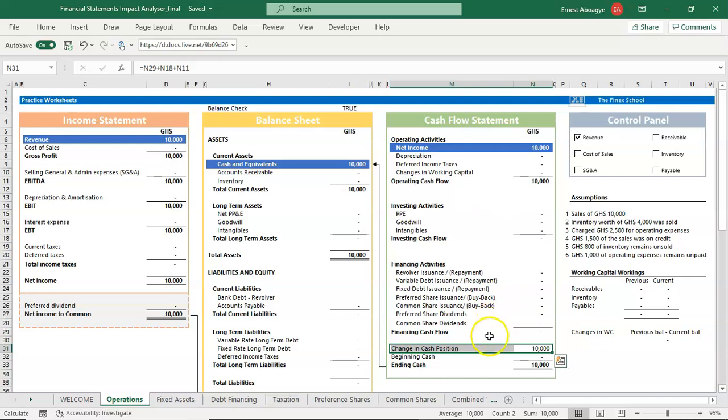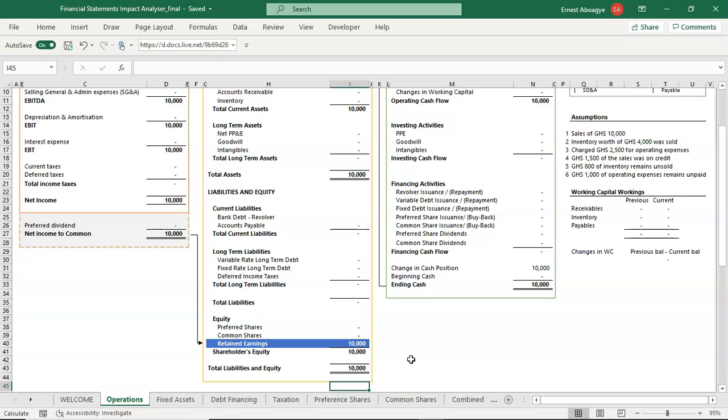So your cash balance generated during the year, you don't have any opening, so that's 0, but during the year you generated 10,000, and that feeds back into your balance sheet as the cash. So on the asset side of the balance sheet, you have cash and cash equivalents of 10,000, and then the liability and equity side will have retained earnings of 10,000, that being your surplus.